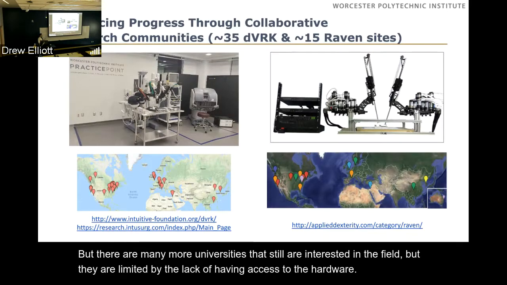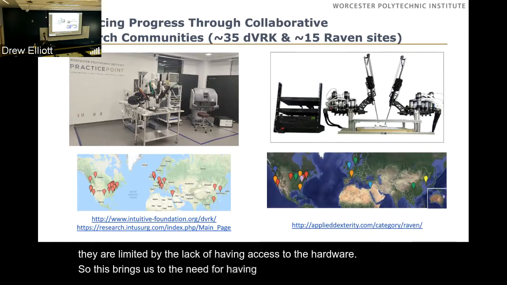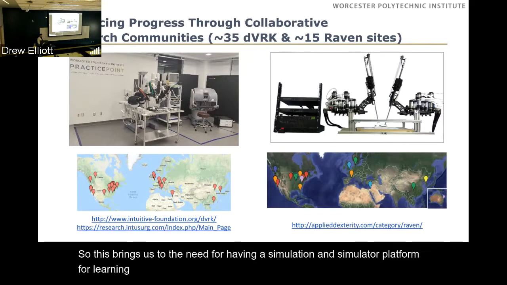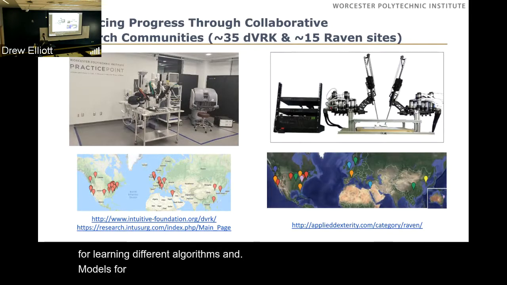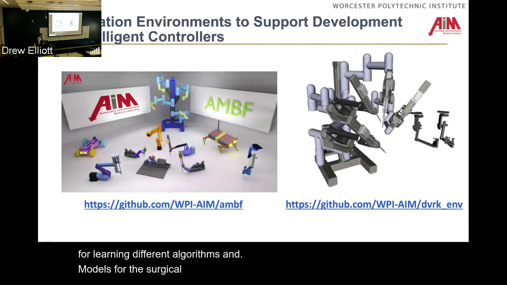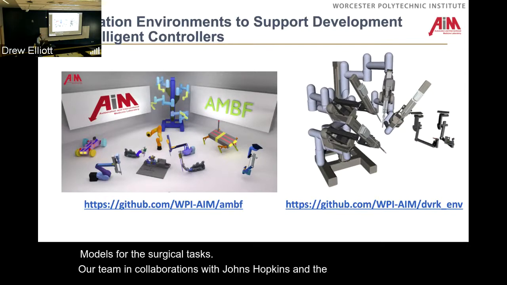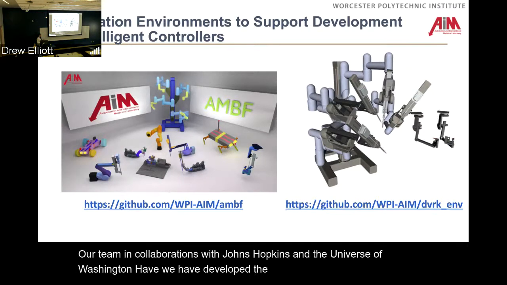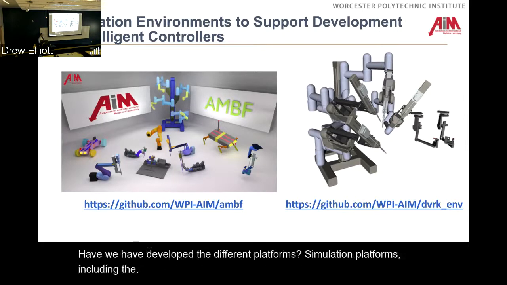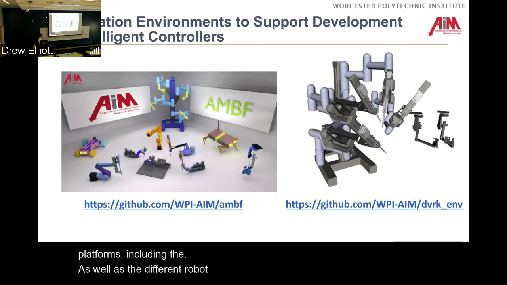So this brings us to the need for a simulation platform for learning different algorithms and models for surgical tasks. Our team, in collaboration with Johns Hopkins and the University of Washington, has developed different simulation platforms, including the AMBF, as well as different robot models for running on the Gazebo and RViz platforms, that can be used for reinforcement learning and machine learning in general.